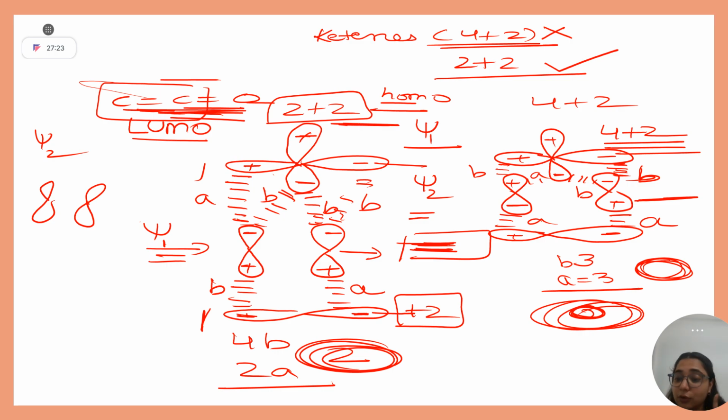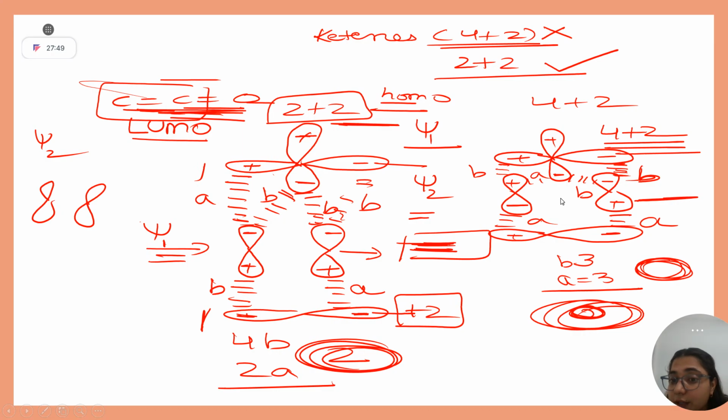You have to take the LUMO of your ketene and the HOMO of your ethylene. And from here, one reason is also there why 2+2 cycloaddition between ketene and olefin takes place in thermal condition. Why? Because in photochemical condition it will be like this scenario, yes or no?